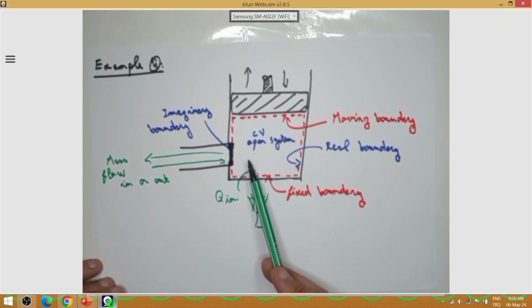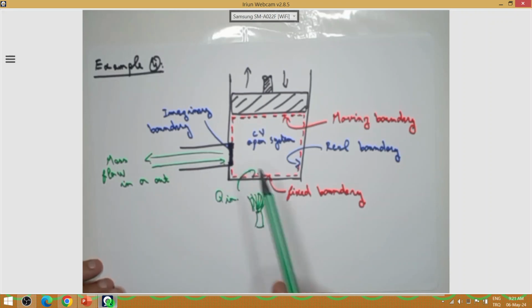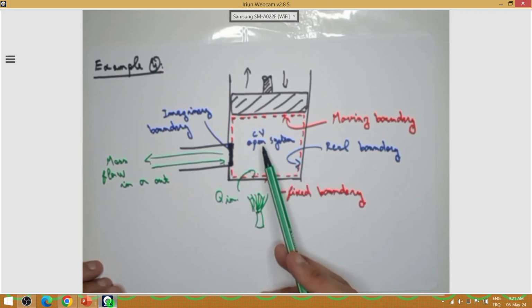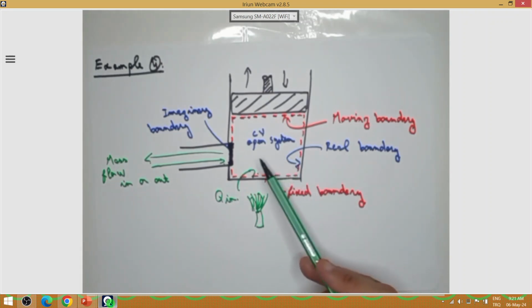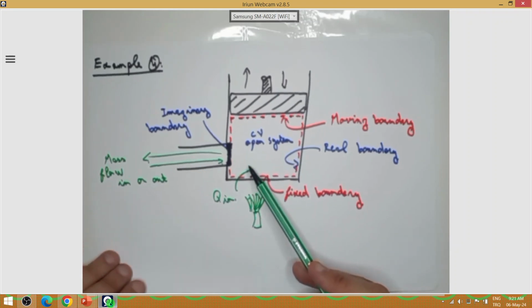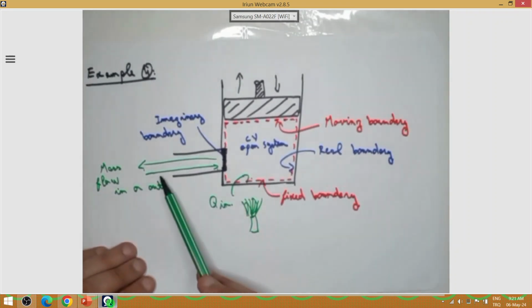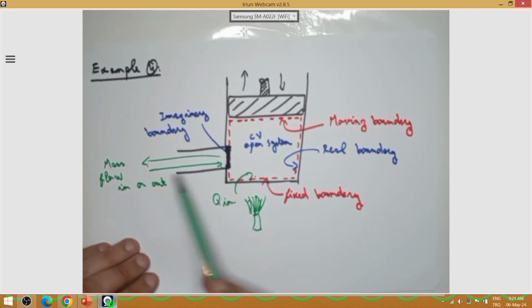Whenever you see an open system or control volume, you can find that mass can go in and out. But when you have a closed system, mass cannot go in and out. So this one is an open system or a control volume. It is possible for the mass to flow in and out.